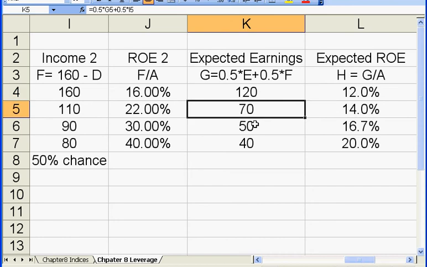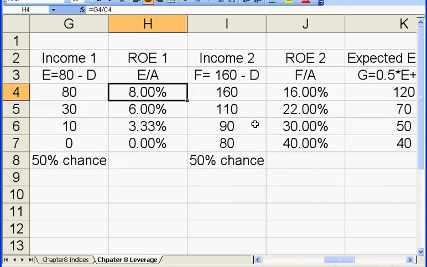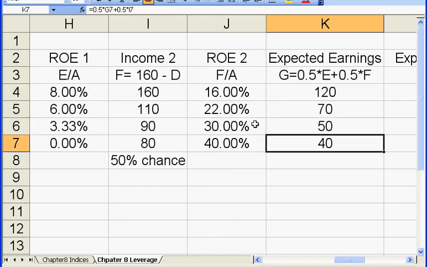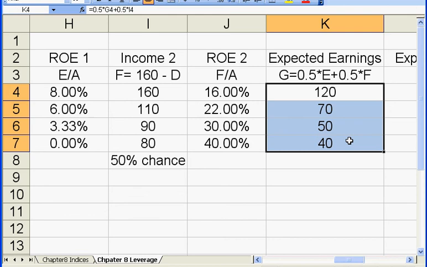Since the expected gross income is just the average of this $80 and $160, it's $120. That's the gross expected income, and then minus whatever the interest payment is. As the leverage goes up, interest payment is higher and higher, so the expected net income also decreases as the leverage goes up.